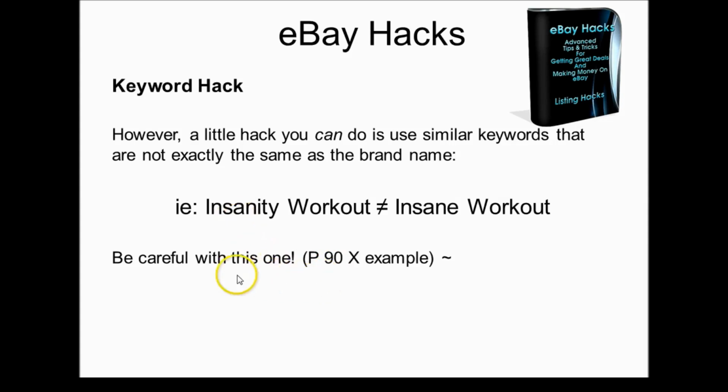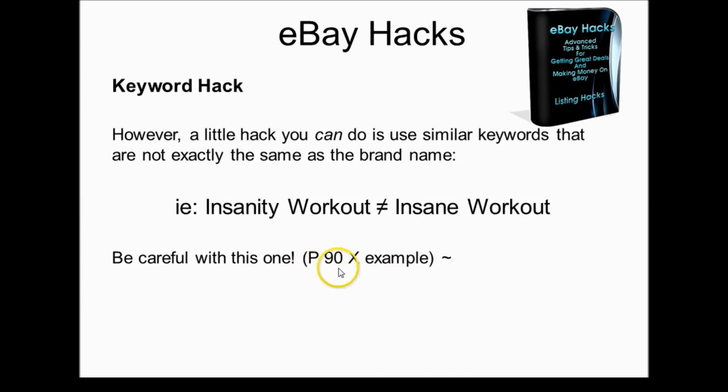Well, what I did was, instead of putting the words P90X into my title in one phrase, I put them in separate phrases. So I put the letter P by itself with a space before and after it somewhere in the title. Then I put the word 90 somewhere in the title, and then I put the letter X maybe towards the very end of the title.